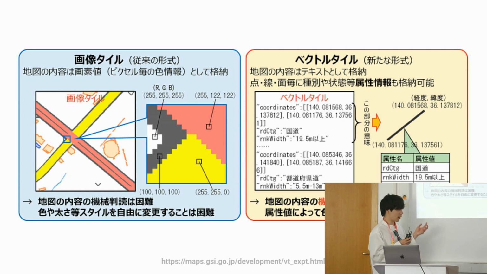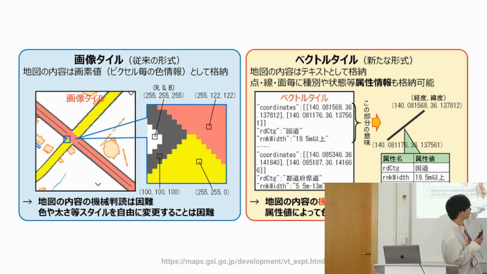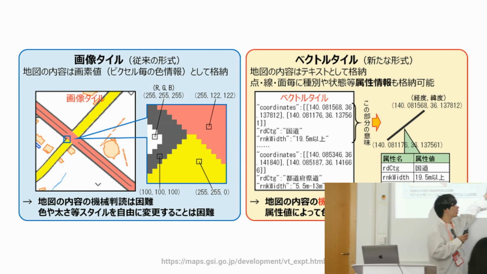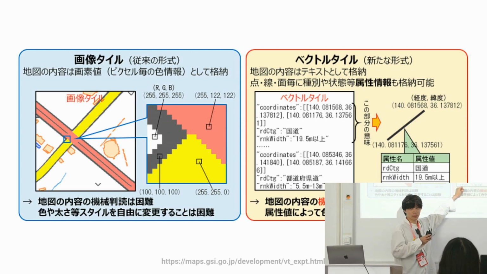In the past, maps were usually based on raster tiles, but as technology developed, recently they have been moving to vector tiles because a PC can read them. It also means the data is small.